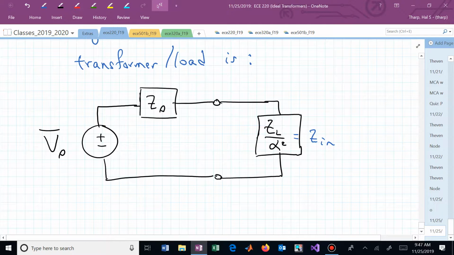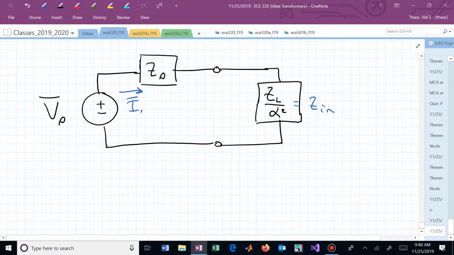This circuit is a straightforward application of Chapter 9 material. If you need to define the current in the primary side, now you can do that. You've now effectively removed your transformer and replaced the load with its reflected impedance in the equivalent circuit.